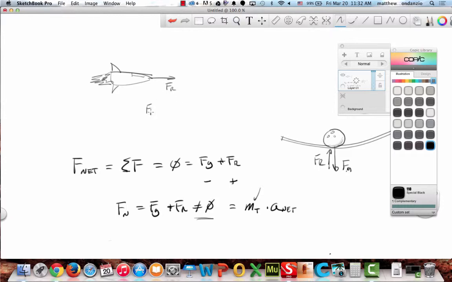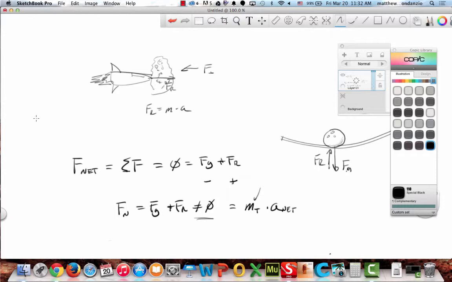And that force of the rocket is my mass of the rocket times the acceleration rate of the rocket. But if I have a big funky sponge in front of the rocket, what's it going to do to the rocket? Slow it down. So it's applying another force, the force of the sponge, in that direction.